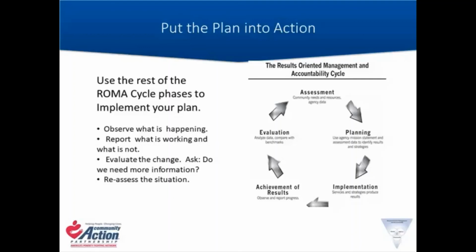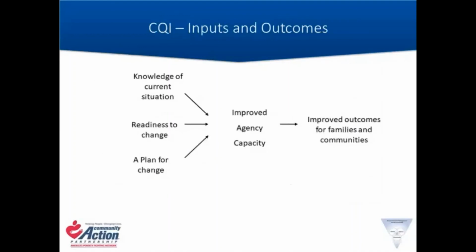What information do we need to understand maybe where we got off base here? So what are those new data points that we need to collect? And then constantly reassessing, what do I need to do next? How does this all work together? So when we think about putting those pieces together in that sort of process, we're really looking at this idea of inputs and outcomes.